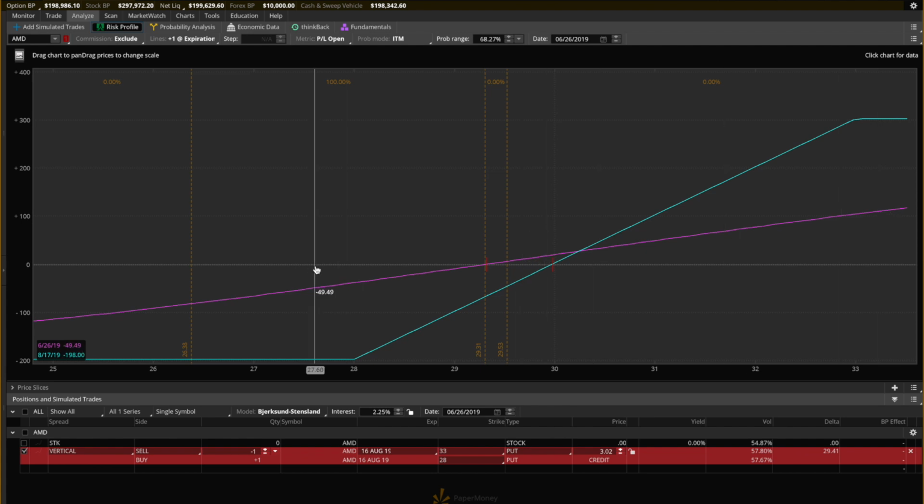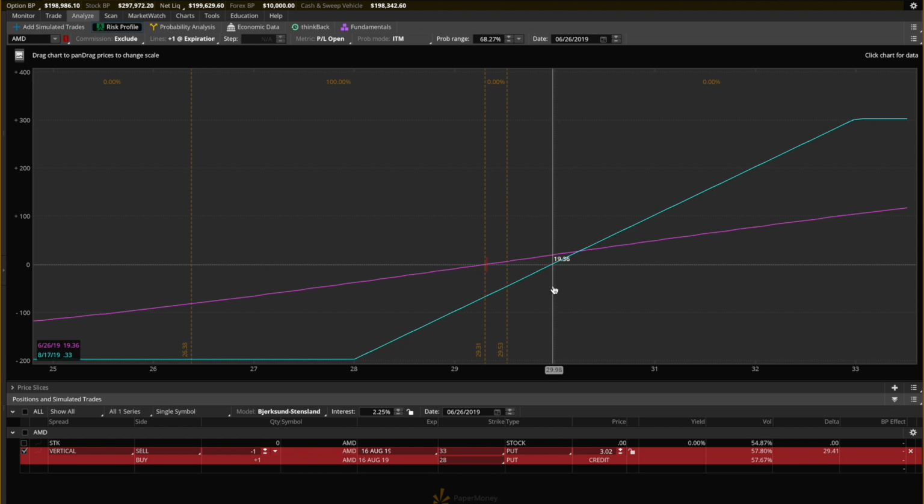$198. And if you drag your cursor across the screen, as I'm doing with mine, you can see the exact breaking point at $29.99, or around that area. I can't get it spot on, but the stock can go all the way up to $29.98, or the stock can stay below $29.98, and I will lose $0 on this trade.